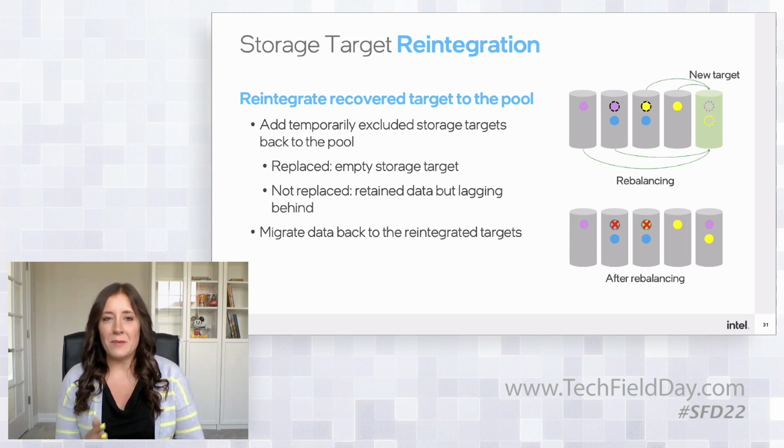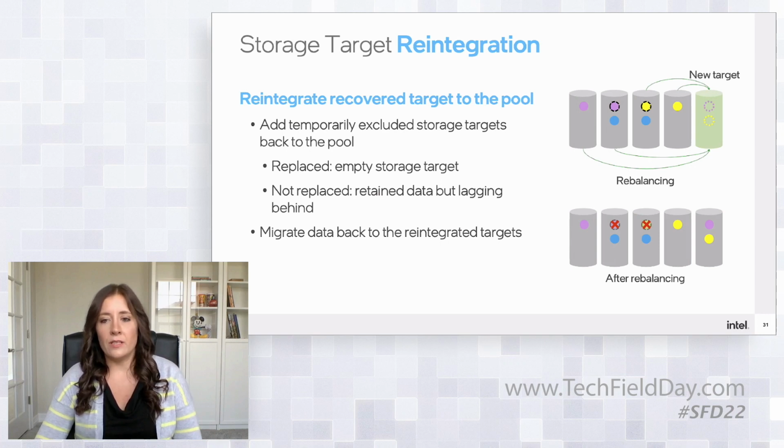But then there's what happens after that, right? My data is reconstructed. I need to bring this node back into the cluster. So that's what we are calling simply reintegration, how to bring it back in. Obviously, a very important feature of any parallel file system, so that you're able to reintegrate the storage server back into the storage pool.